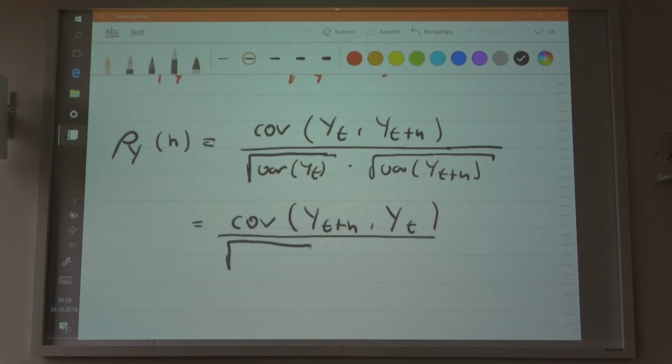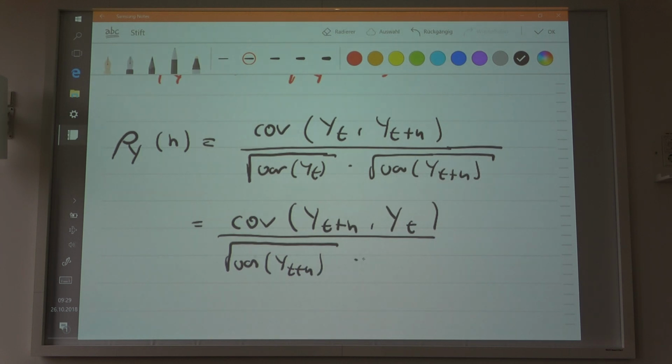So I'm going to shift that here, so this is going to be the variance of yt plus h. I'm going to turn that around here as well, so here you have the variance of yt plus h.